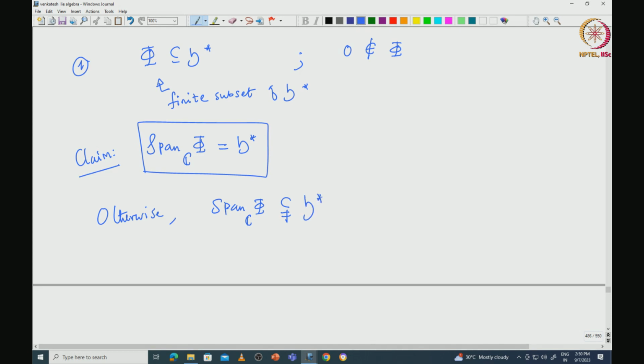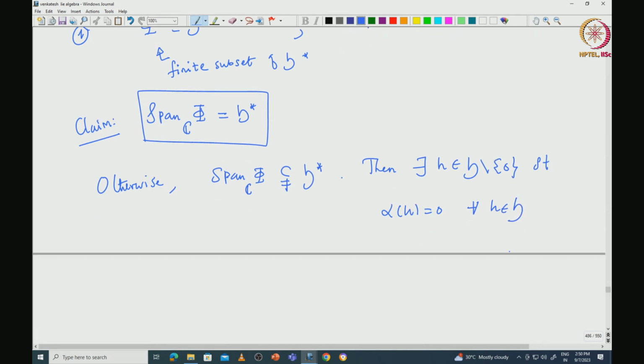Now if we look at the dual space, that means the dual of this span of phi inside H, then what we get? There exists h inside H which is non-zero, such that alpha of h will be 0 for all alpha in phi.